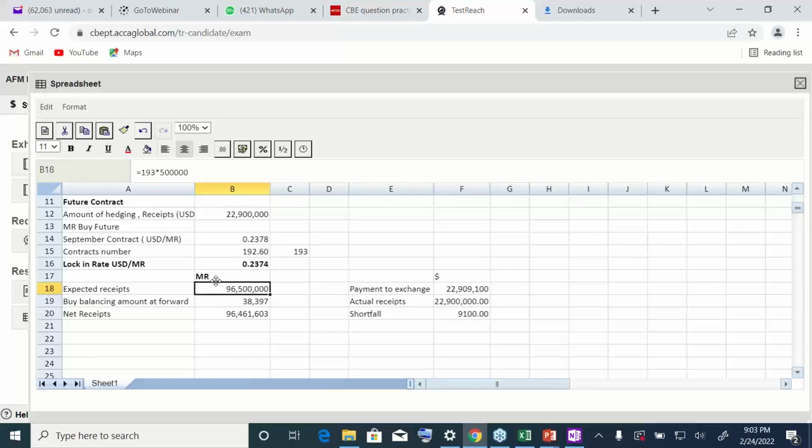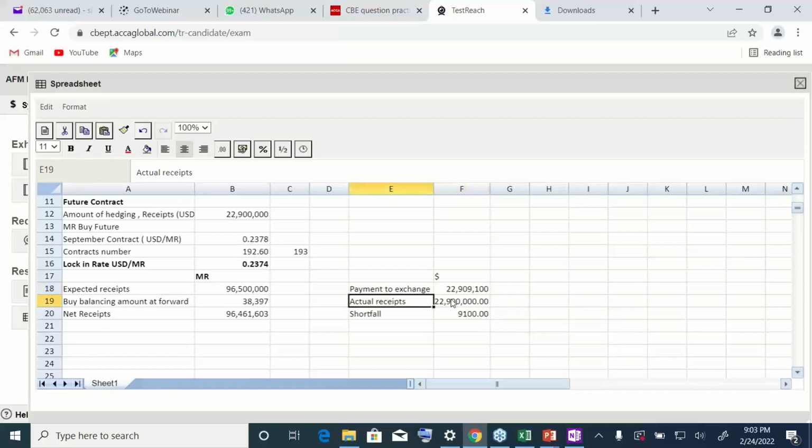By future means, you will be receiving 96.5 million MR. So guys, if you are receiving 96.5 million MR, that means you have to pay to the exchange in dollars. At what rate? At the lock-in rate. So 96.5 million into lock-in rate. So you will be paying 22.909 million to the exchange.